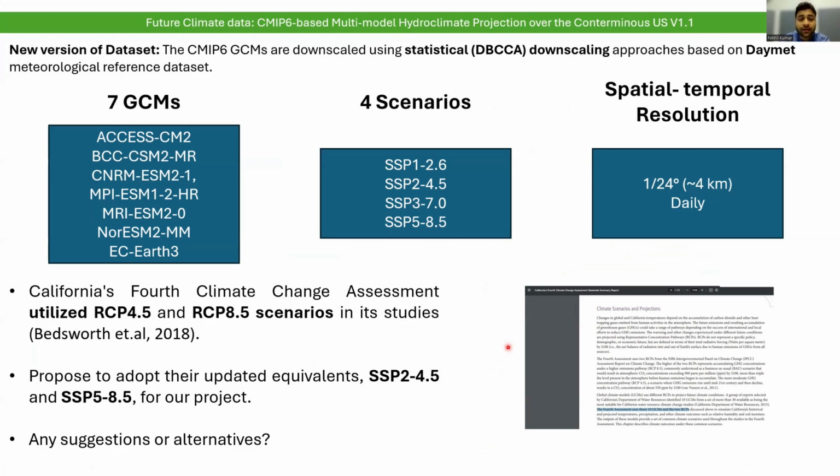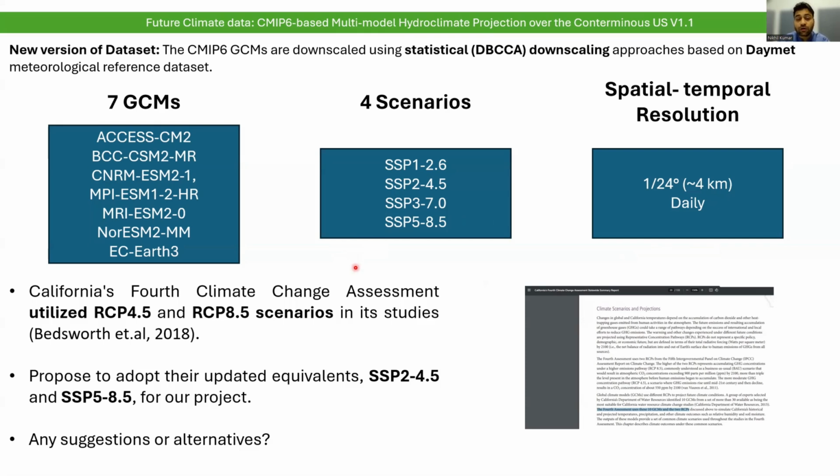This dataset has seven GCMs. It has four different scenarios, and it has a good spatial resolution of 4 kilometers, which matches our GridMet dataset resolution, and it is available at a daily scale. For the scenarios, we will be using SSP 4.5 and SSP 8.5.